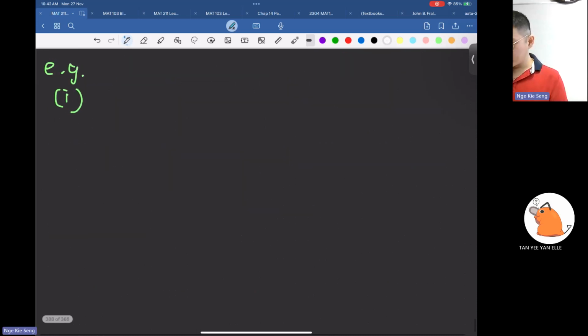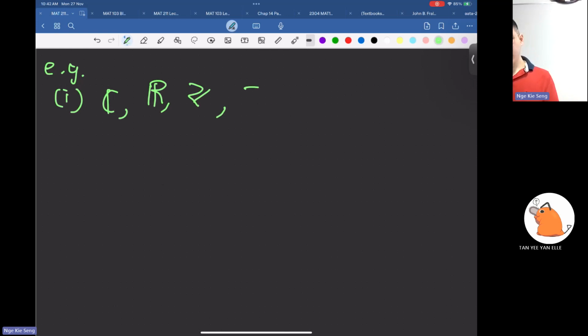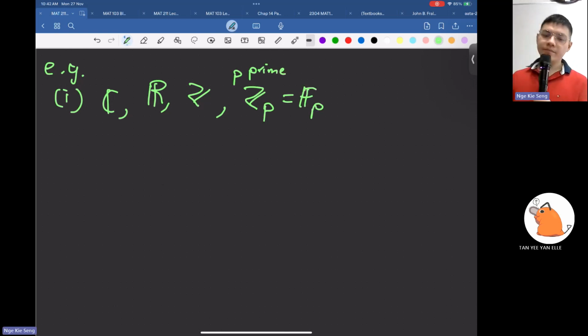Okay, for example, what kinds of rings have you seen before? Complex numbers, real numbers, integers. And integers modulo p are also a ring: you can add, and you can also multiply. I put p prime here, and this is what we call F_p.